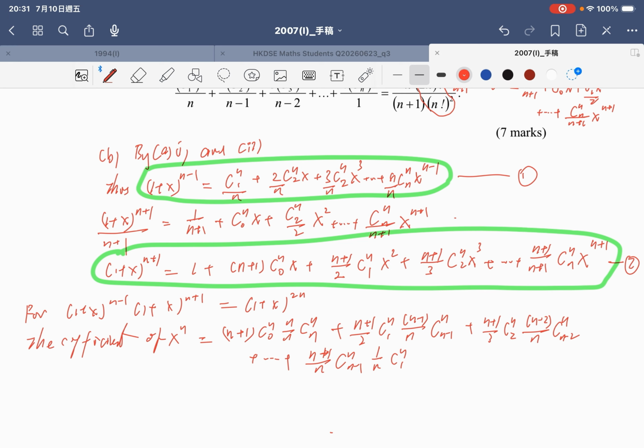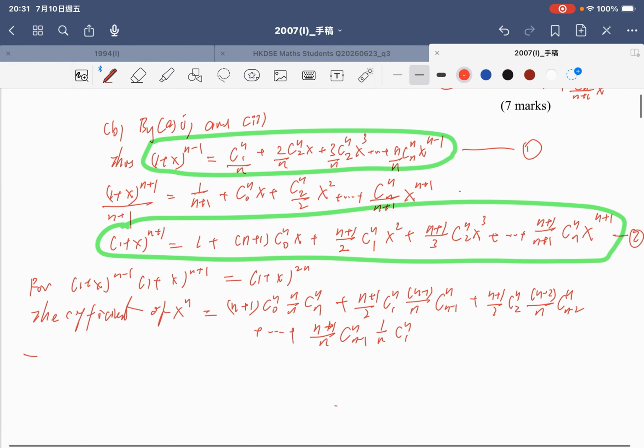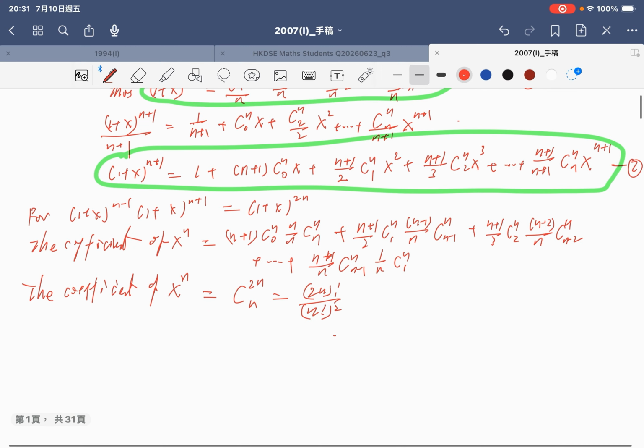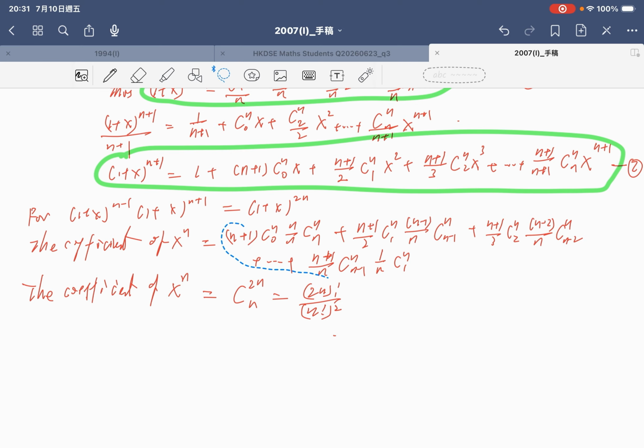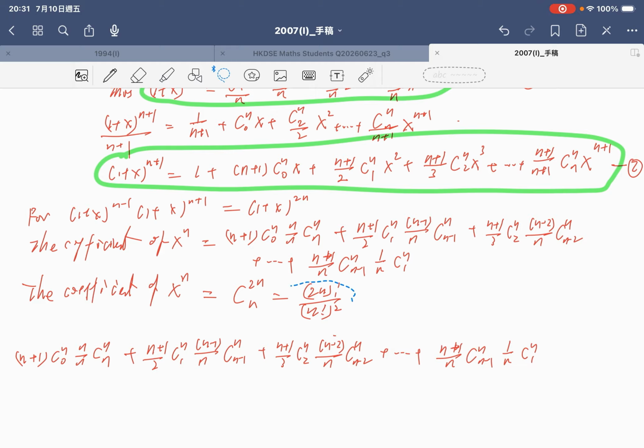This is the coefficient of x to the power n of the right hand side, and for the left hand side, the coefficient of x to the power n is 2nCn. This is (2n) factorial over (n factorial) squared. Therefore, we have an equation for us. This is actually equal to this one.